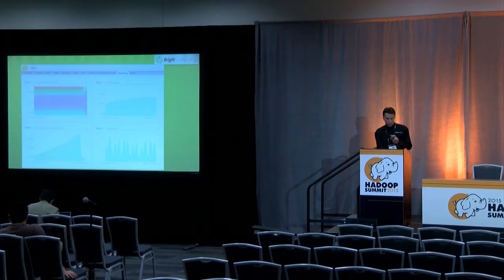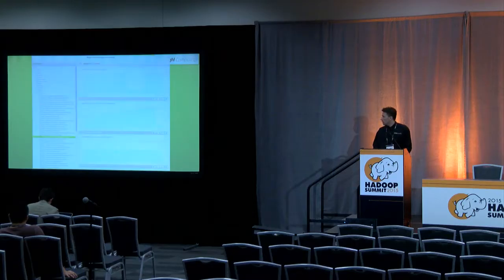Then the daemon is supplied with extensive monitoring abilities, and the great feature here is that you can combine metrics, like in this window. It might be Hadoop metrics and also operating system level metrics, such as memory or CPU usage, all in one place. The monitoring capabilities are really advanced.